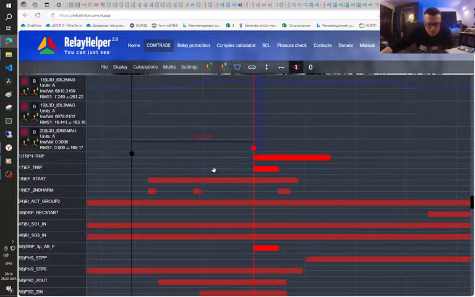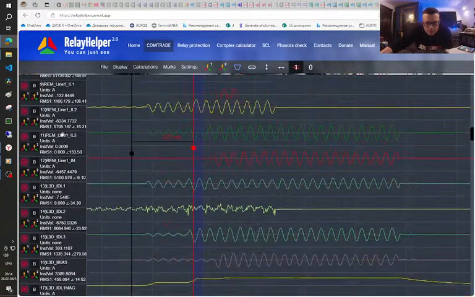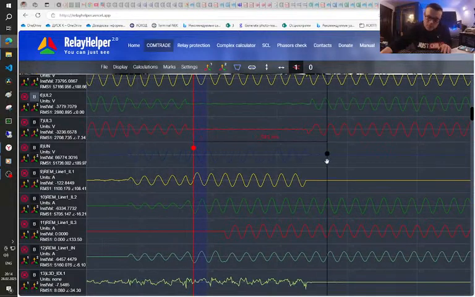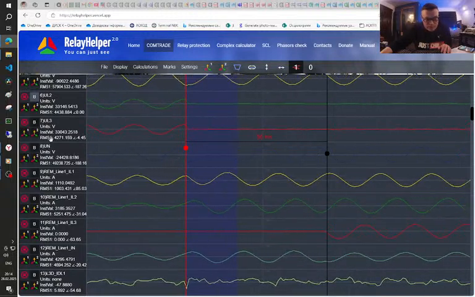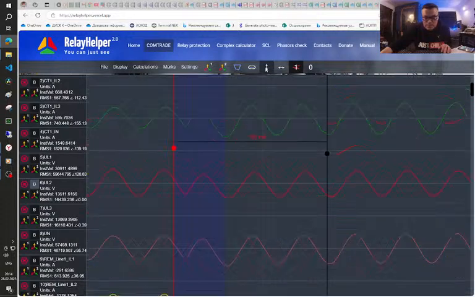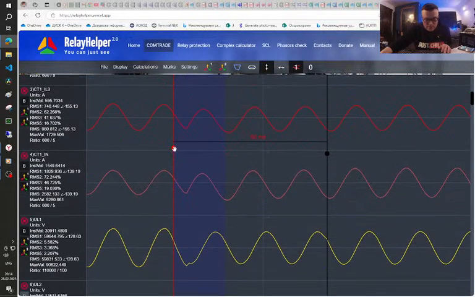In this particular relay, the second harmonic blocking was enabled on the neutral overcurrent protection, and that led to a delayed fault clearing. This happened because, here we can see the zero sequence current.